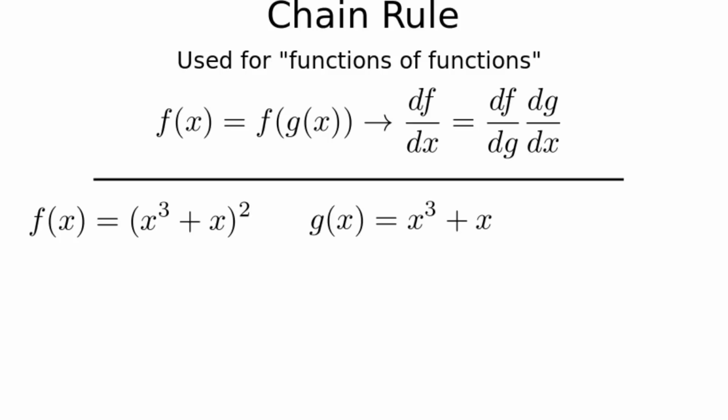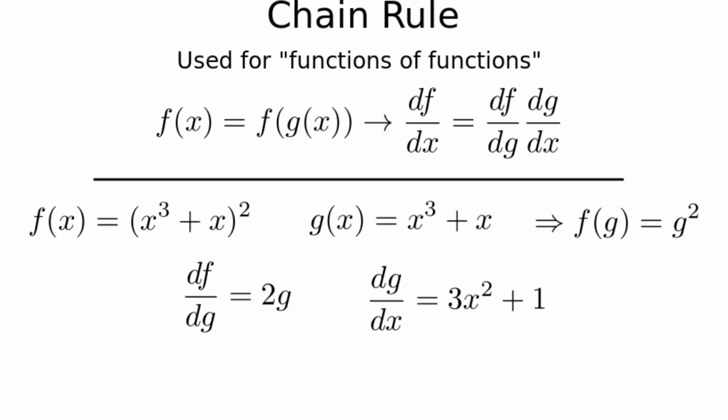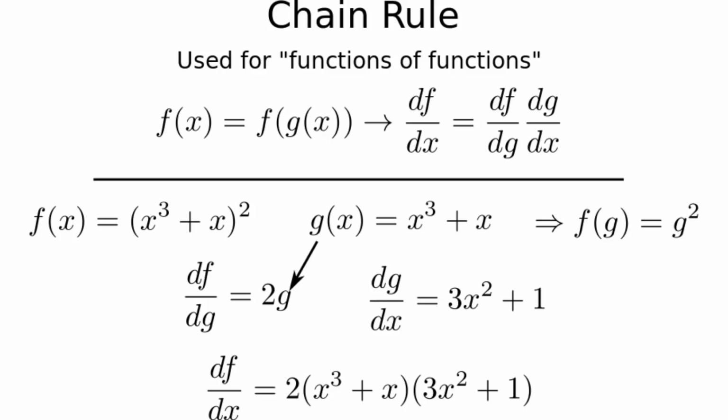We can call g of x cubed plus x so that f of g is equal to g squared. df dg will be given by 2g, and dg dx will be given by 3x squared plus 1. Therefore, the total derivative of f with respect to x will be given by the product of these two terms.